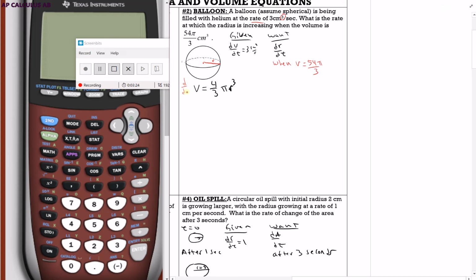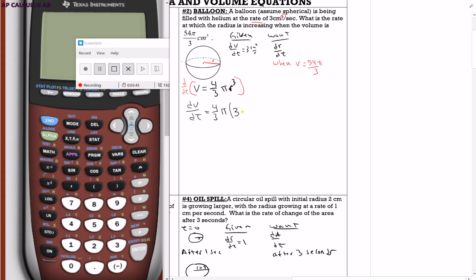So we're going to take the derivative of our entire equation, and that's going to give us dv dt, right? The derivative of v with respect to t equals 4/3 pi is a constant, so it can just sit over here. And then we're going to take the derivative of r cubed, which I'm going to take a few steps I would normally not take, but I'm going to write them here.